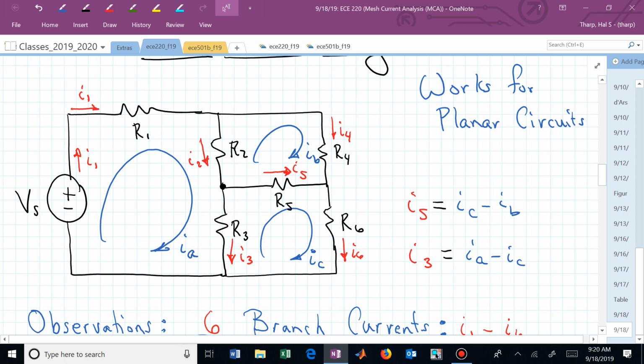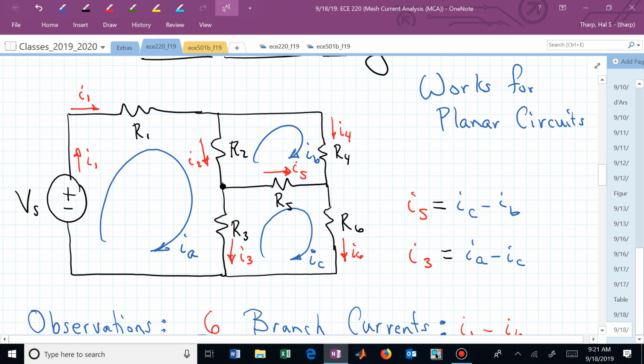How do we drop voltage across R2 in terms of our mesh currents and R2 and Ohm's law? Do you see now we're really going against I2 in a sense? We want to go, what's the net current going up through R2? That's I sub B minus I sub A. And we'll multiply that by the resistor R sub 2.